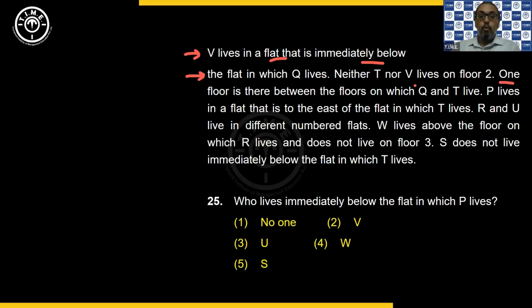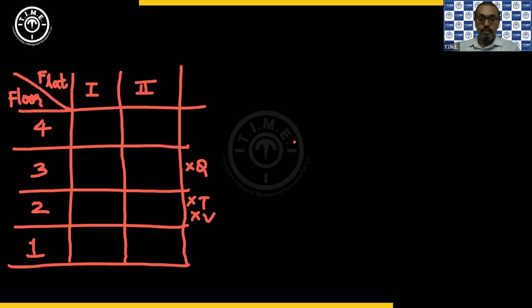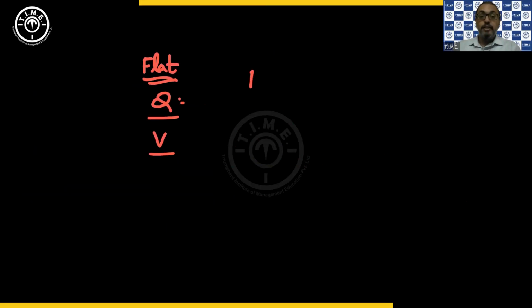Then one floor is there between the floors on which Q and T live. See, he's clearly saying one floor is there between the floors on which Q and T live. So now it is about the floor. So one floor is there between Q and T.